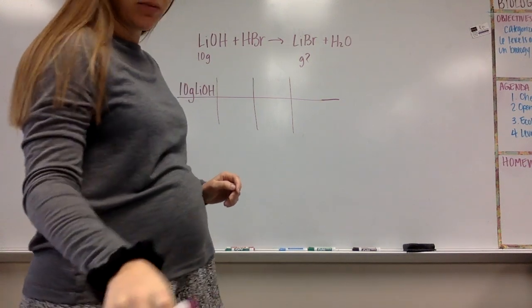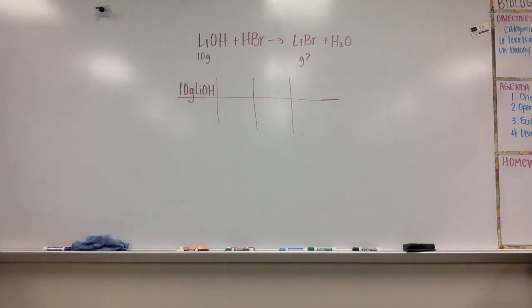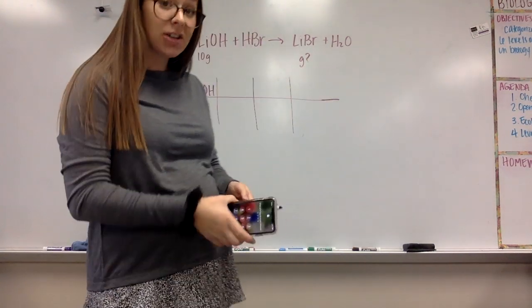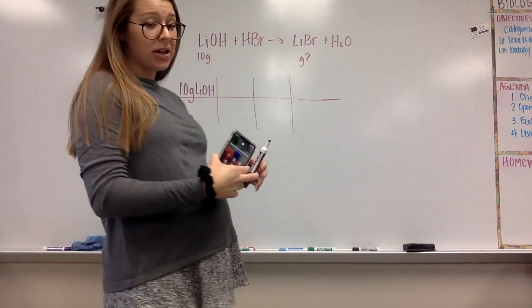Okay, so what we're going to start with, hold on, let me grab my periodic table. So we're going to start with molar mass of A, and A is our starting substance, or lithium hydroxide.